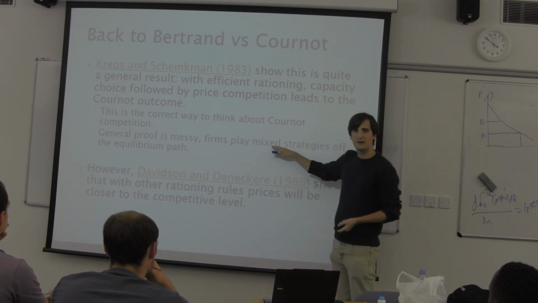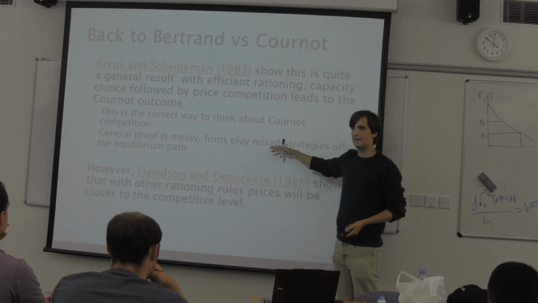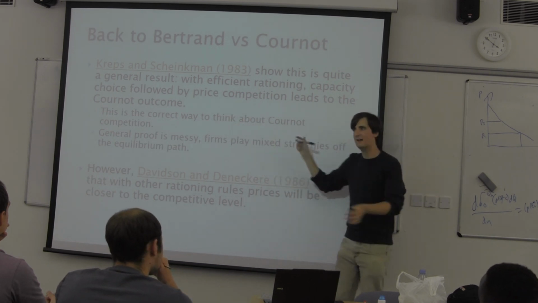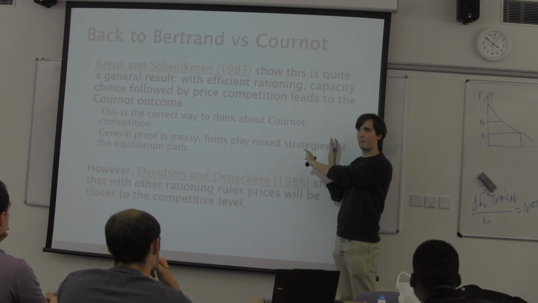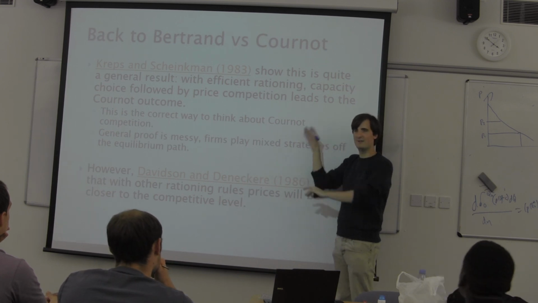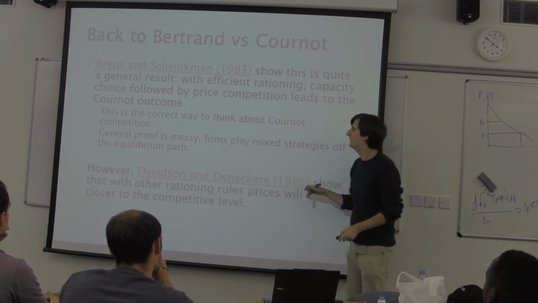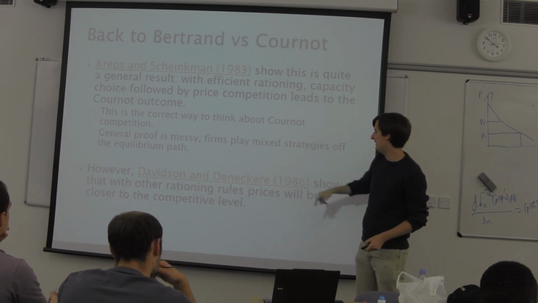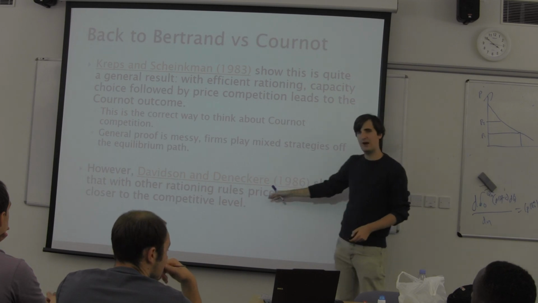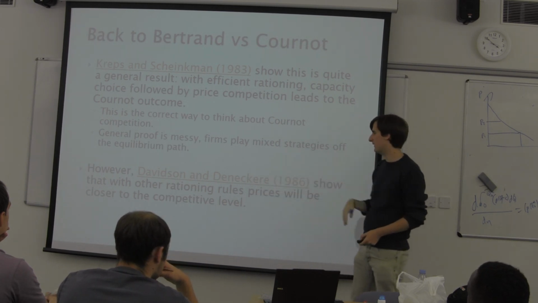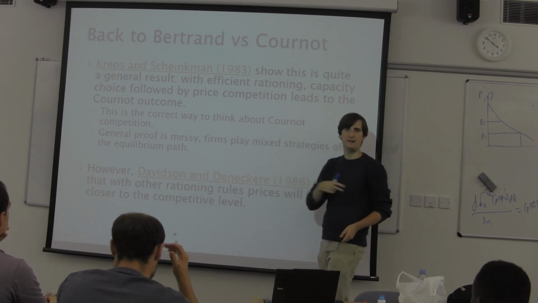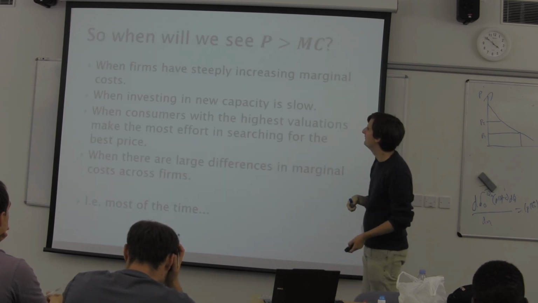And the proof is far worse than anything I put you through today. Off equilibrium, the horrible mixed strategies to prove the Kreps-Scheinkman result. So I'm not going to flip that at you. But Davidson and Deneckere look at other rationing rules closer to proportional rationing, and they show precisely what I said, to get closer to a competitive outcome.